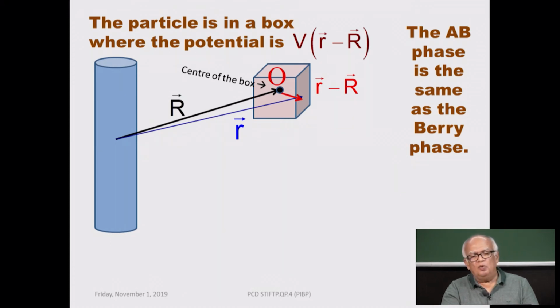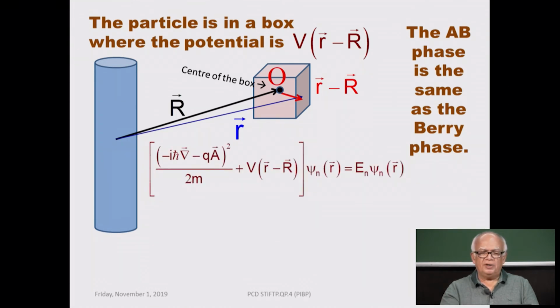So, you consider positions of points inside that box in relation to the center of the box, which is this difference vector small r minus the big R, and write the Schrodinger equation, right? And the solution depends parametrically on the value of R, because that R can be anything, okay, it can be a few millimeters, few centimeters, whatever.